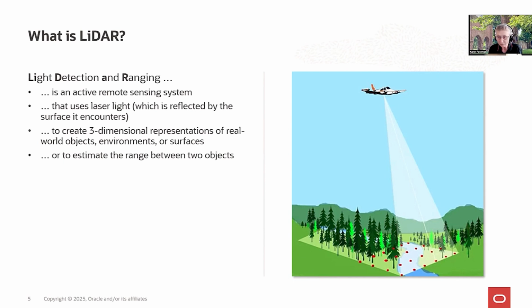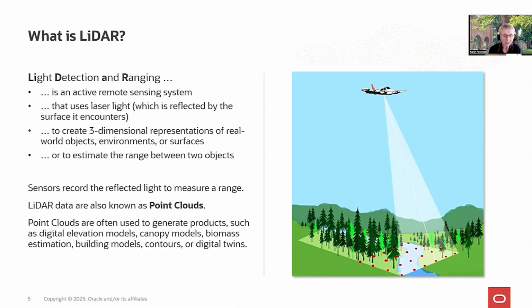And generally it's used to create digital products such as digital elevation models, canopy models, or to estimate biomass in building models, creating contour lines, or generally when it comes to creating digital twins of real-world objects.